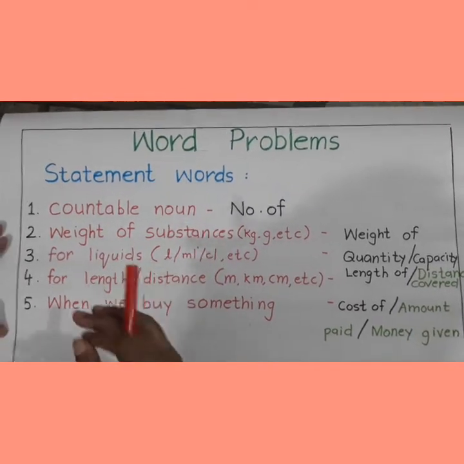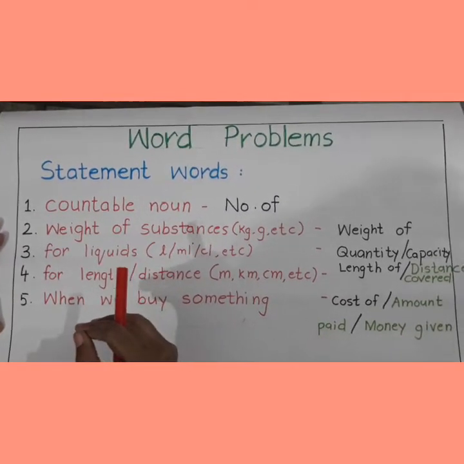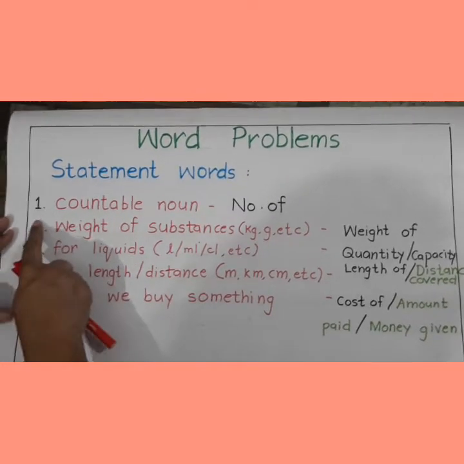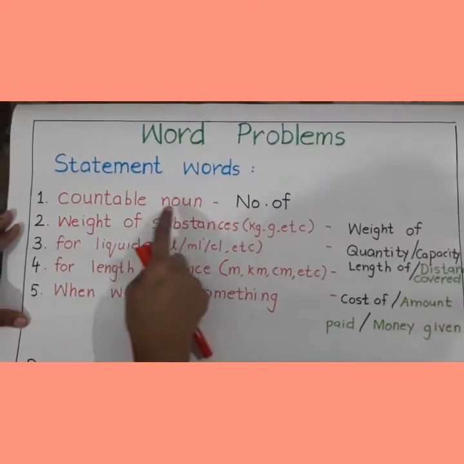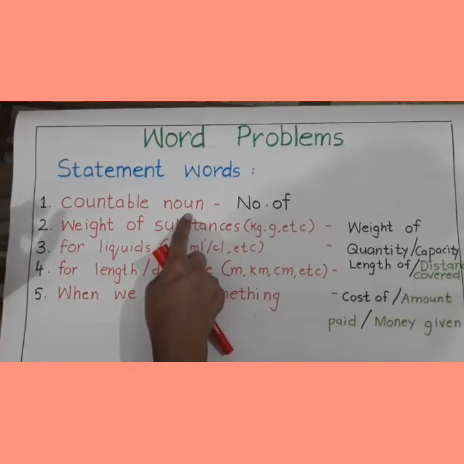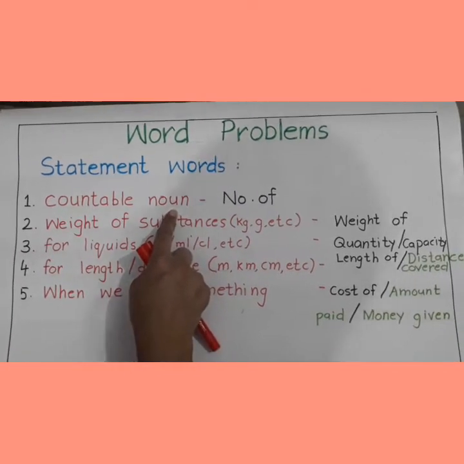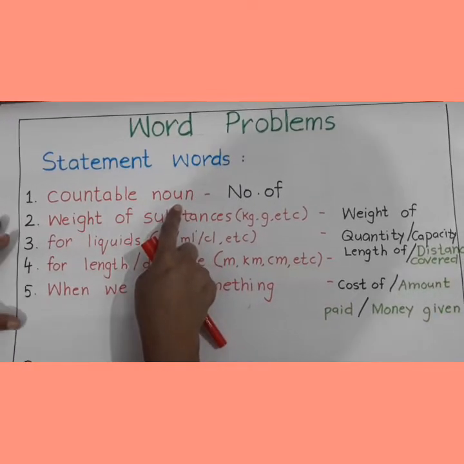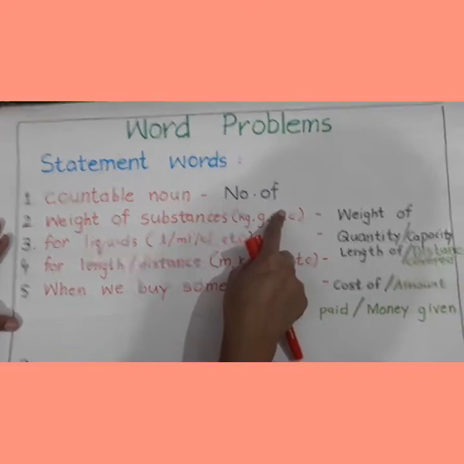Few things that you have to keep in mind when you are using the statement words. Number 1, if it's a countable noun, something that you can count, like human beings, boys, girls, number of students, then in that case we use number of.